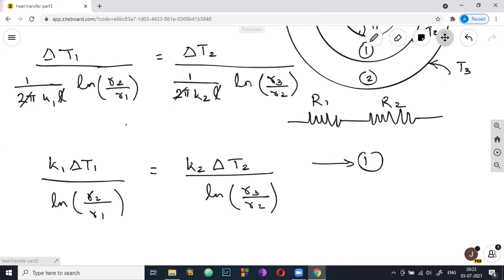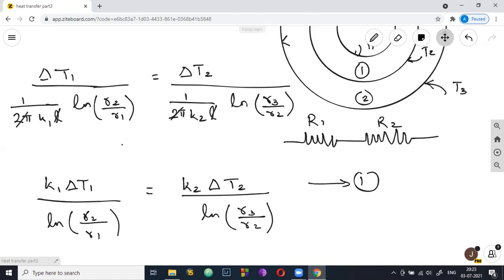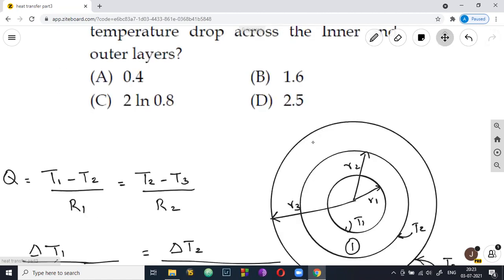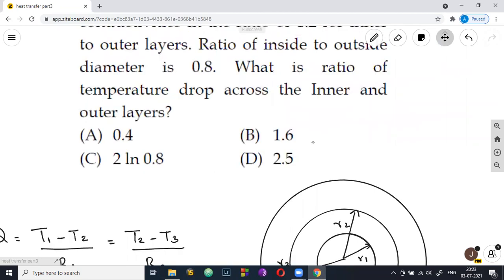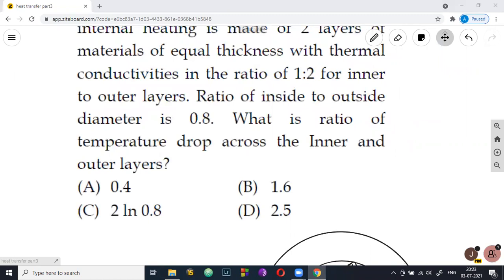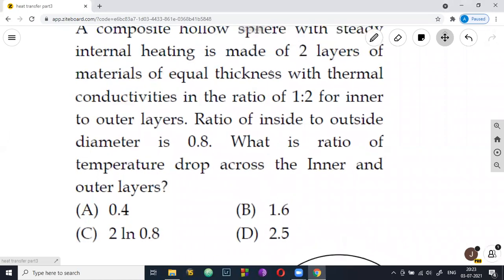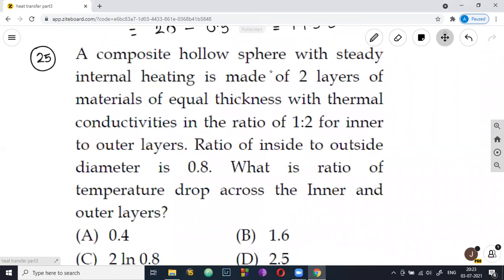Now, what is the given data? Some data is given to us. Let's see the question. Oh, my mistake, guys.